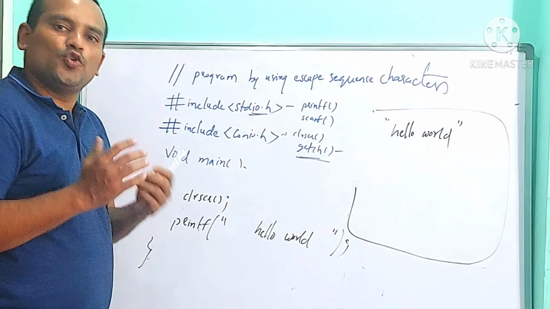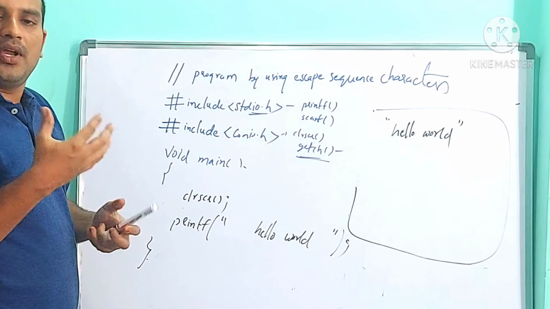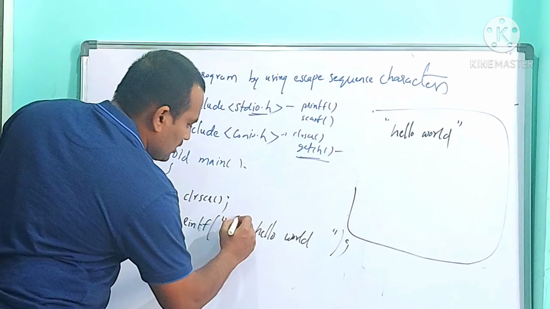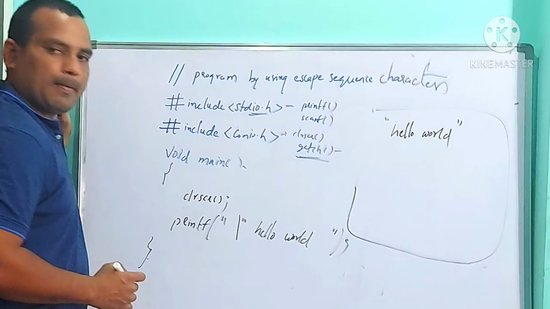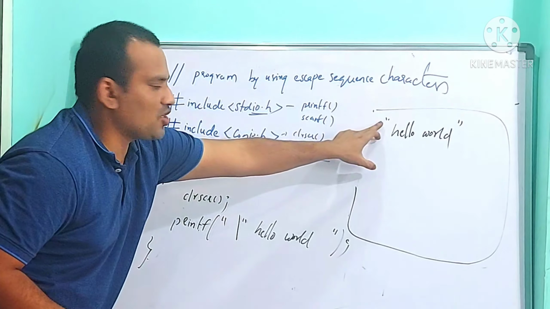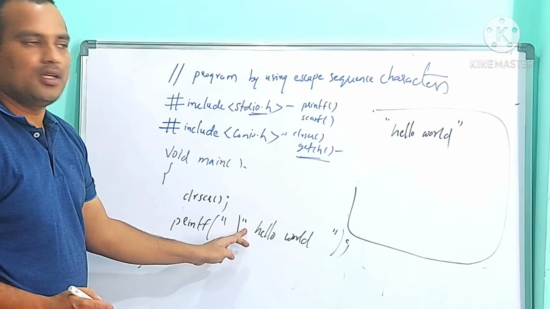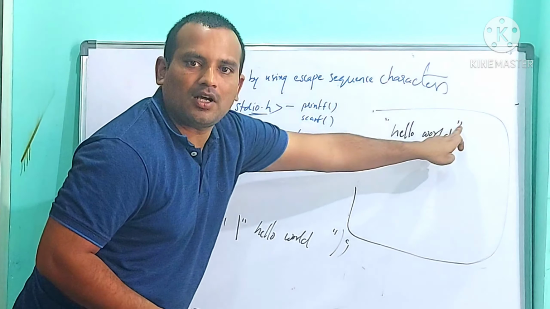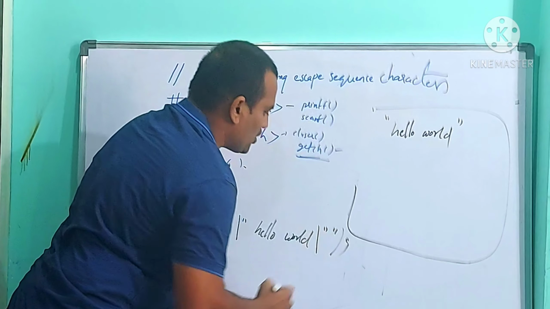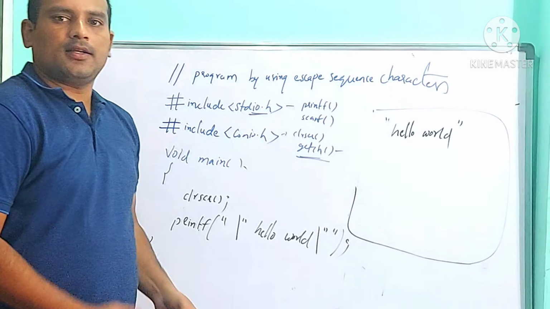So if you want to print a double quotation at the output screen, wherever you want it, there itself you can use slash double quotation. Before H, I want to print a double quotation, then before H you need to use slash double quotation. After D, I want to print a double quotation, then after D what do I need to use? Slash double quotation. So this is also one of the escape sequence characters.